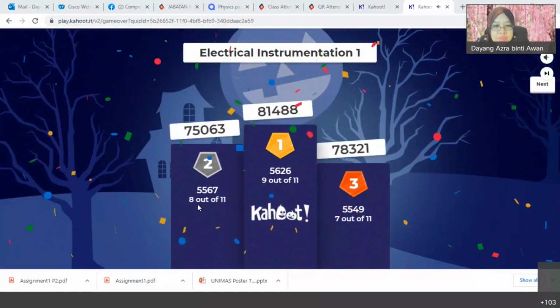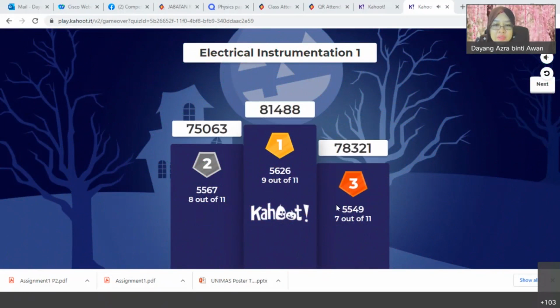Then we have the second one is 5567 and the third one is 5549. So boleh tahu siapa ni? 81488. Siapa 81488 tu? Okay, so congratulations.